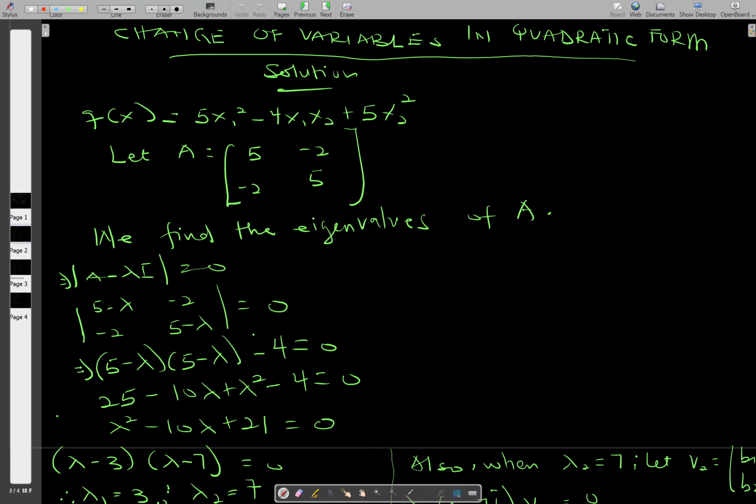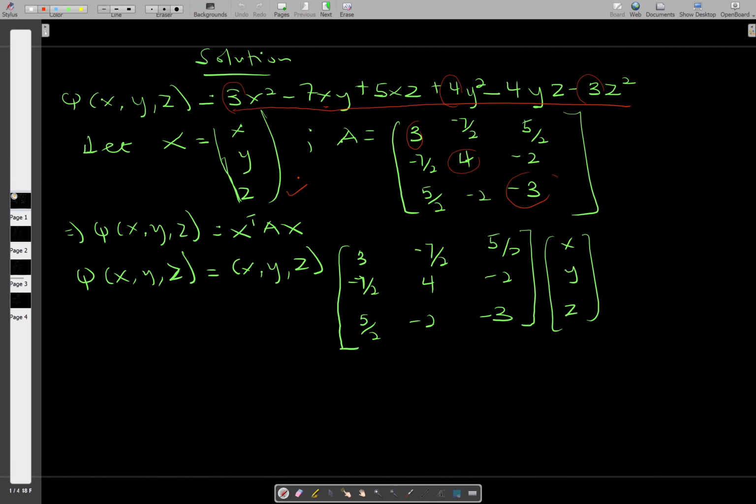So we get negative 7 over 2 here and negative 7 over 2 here. Then we have another term, 5xz; we divide 5 by 2 and place it in the first row, third column, and third row, first column. So we have 5 over 2 here and 5 over 2 here.